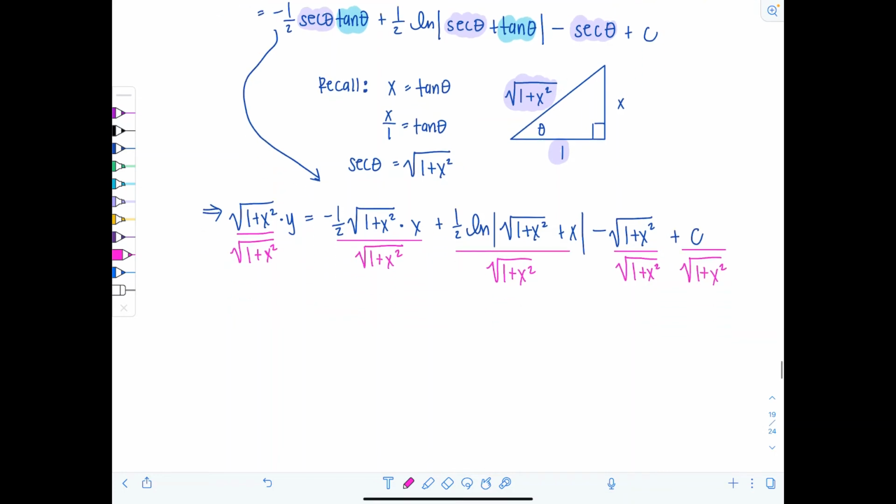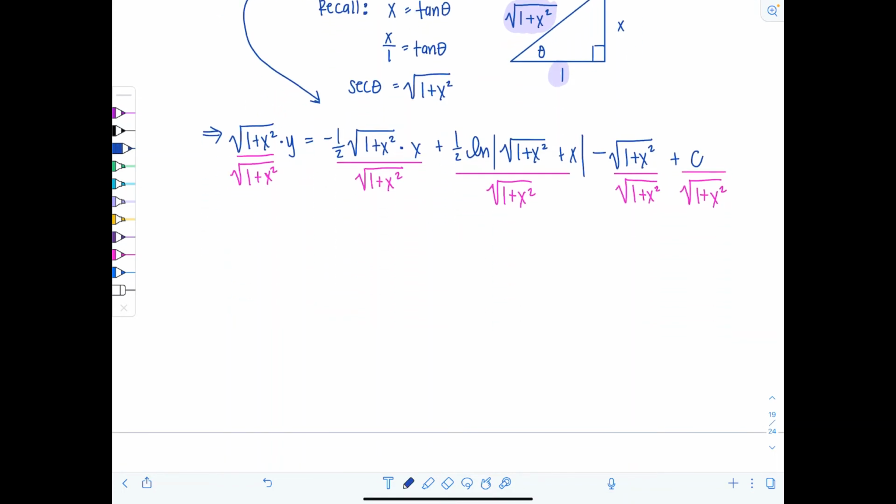Okay, so here we go. y is equal to, oh look how nice these cancel, right? Bam, bam. I'm going to write that as negative x over 2. Wouldn't that look so classy? Yes, negative x over 2. I would write this as plus 1 over 2 rad 1 plus x squared.